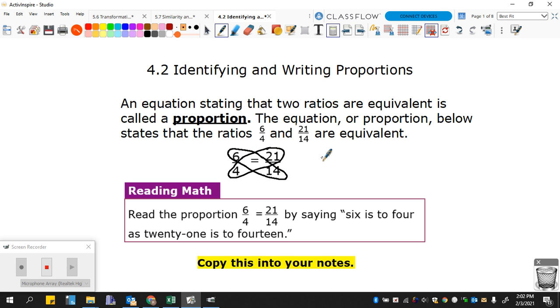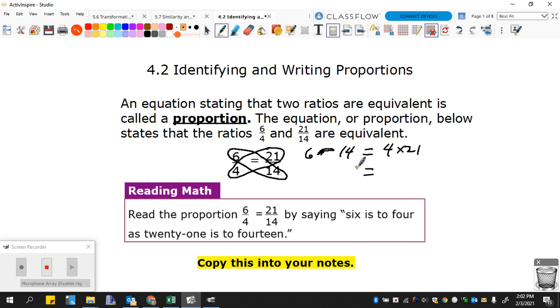So if we say 6 times 14 is equal to 4 times 21, okay?